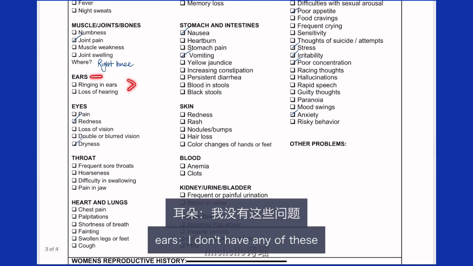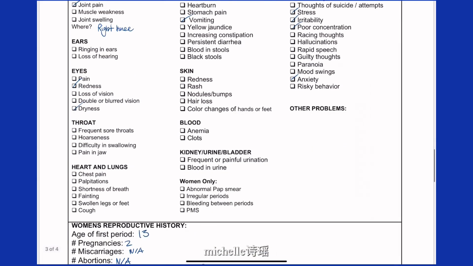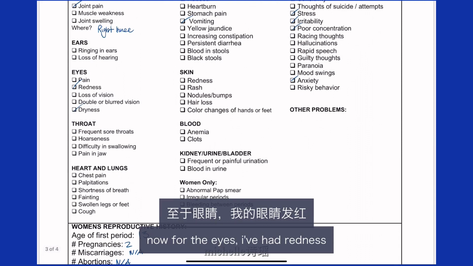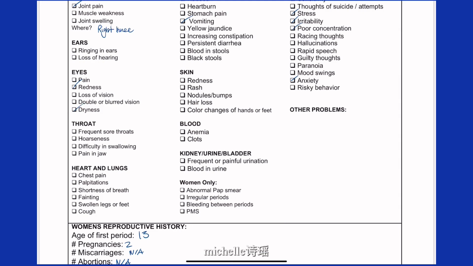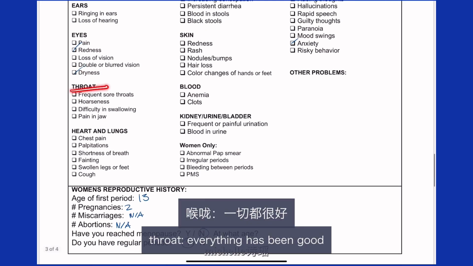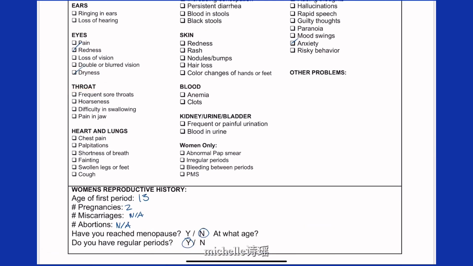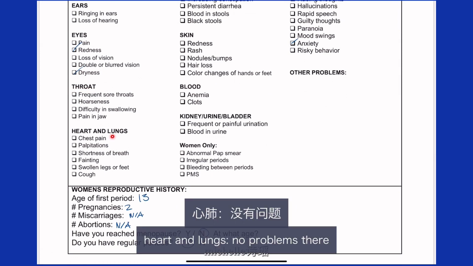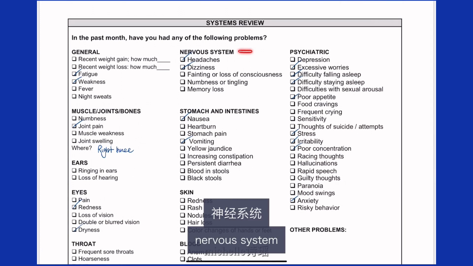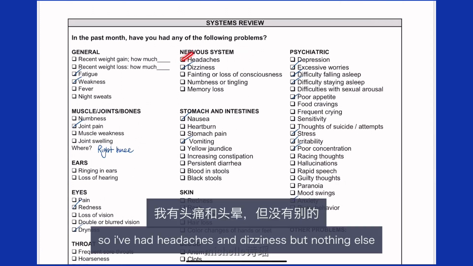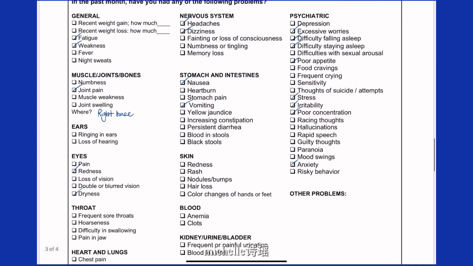Ears, I don't have any of these. Now for the eyes, I've had redness and I've had dryness. Throat, everything has been good. Heart and lungs, no problems there. Nervous system, so I've had headaches and dizziness, but nothing else.